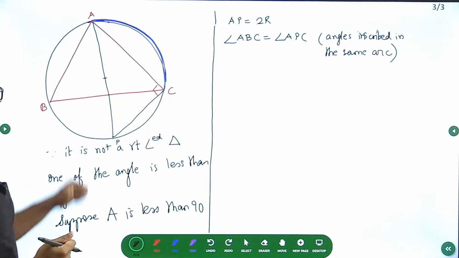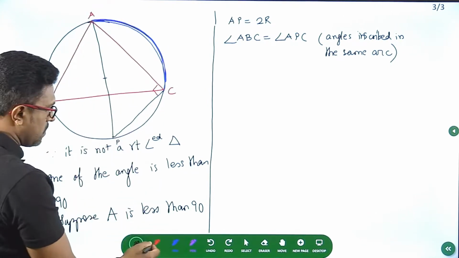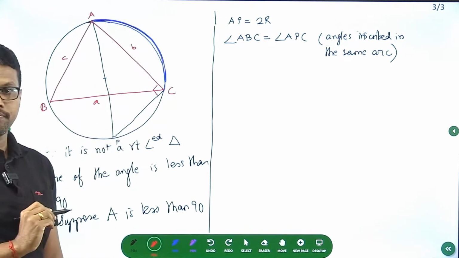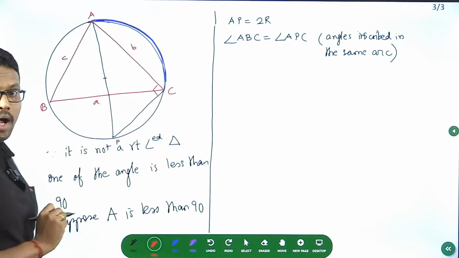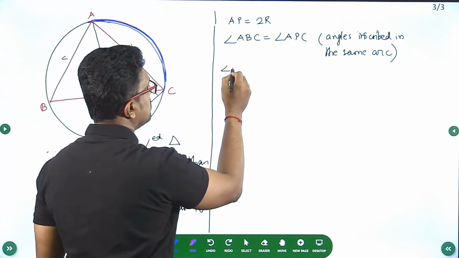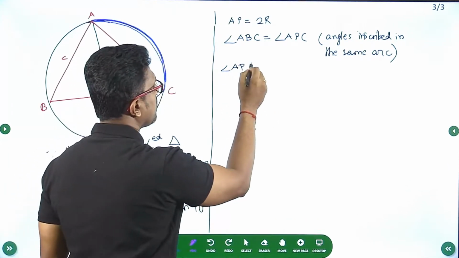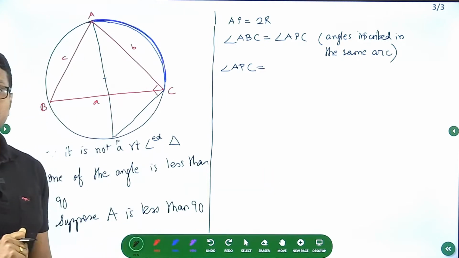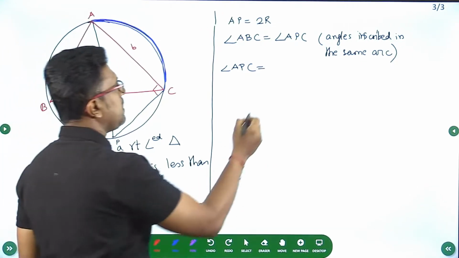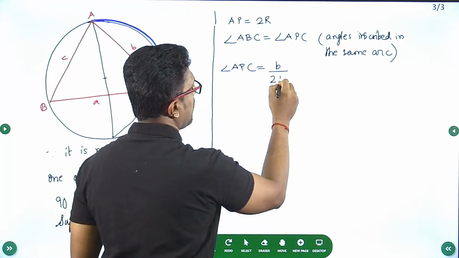ओके, नाउ लेट अस फाइंड व्हाट इज APC इक्वल टू. ऑफ कोर्स यहाँ पे दिस वैल्यू वाज A, दिस वैल्यू वाज B एंड दिस वैल्यू वाज C. दिस वैल्यू इज 2R. सो व्हाट इज एंगल APC? So angle APC will be equal to opposite side upon the hypotenuse, so that will be B upon 2R, correct.